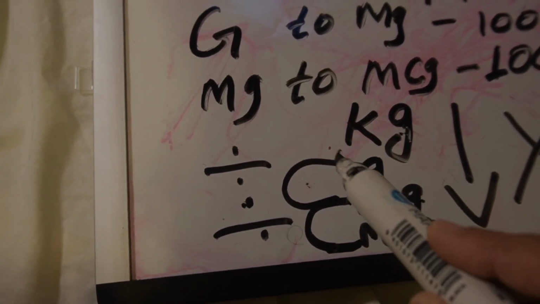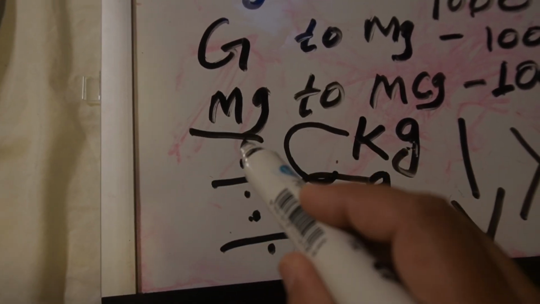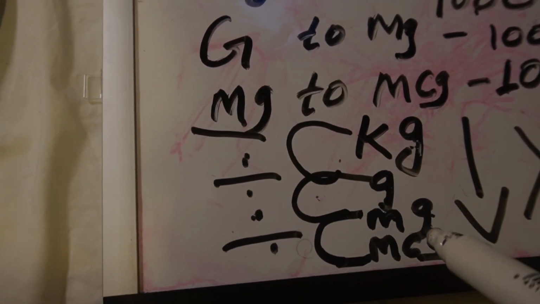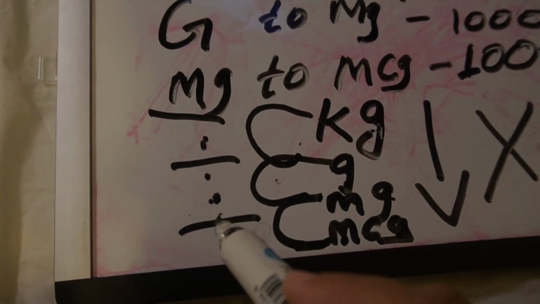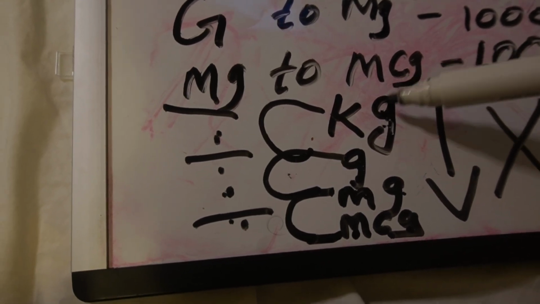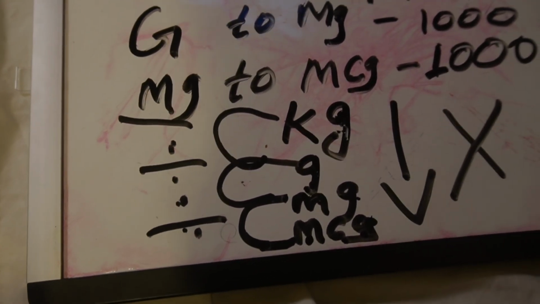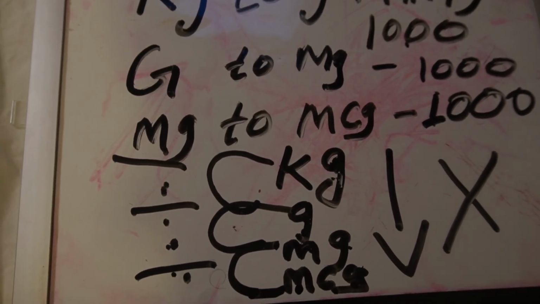When we go gram to kilogram, we divide by 1000. So when you go from smaller to higher, you always divide by 1000, and when you go from bigger to smaller, you multiply. I think that makes it clear.